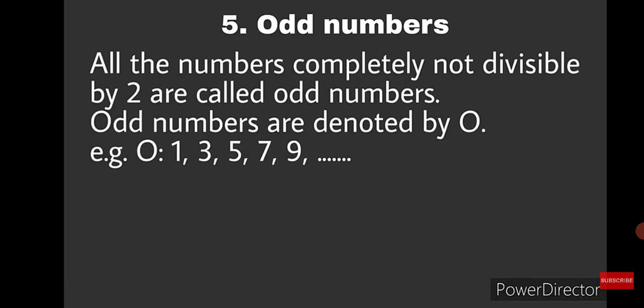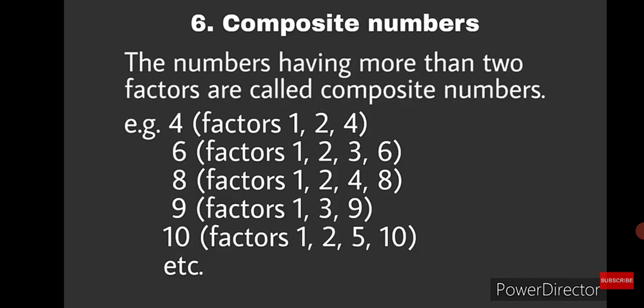Next, number 6, composite numbers. The numbers having more than 2 factors are called composite numbers.